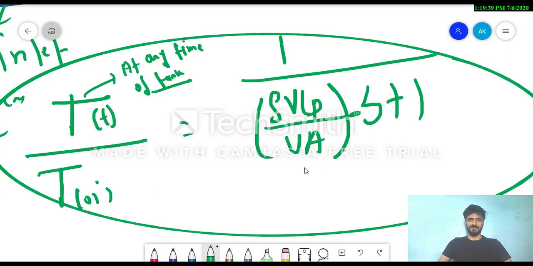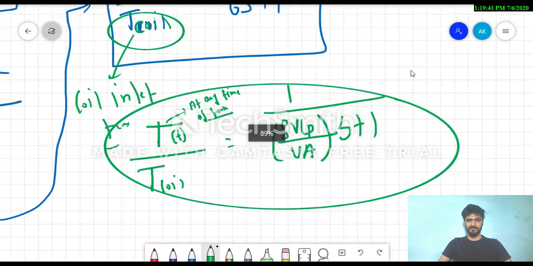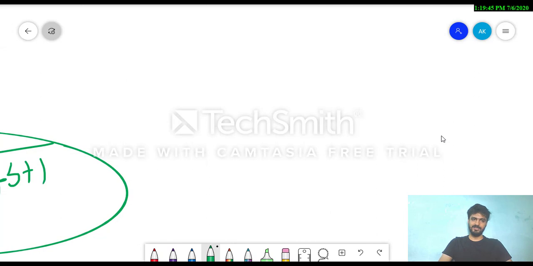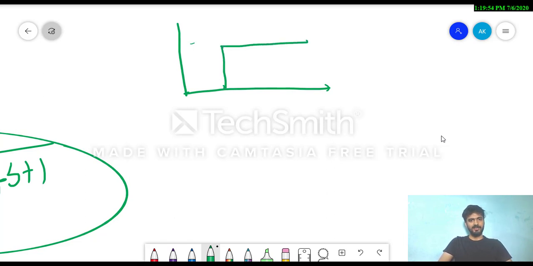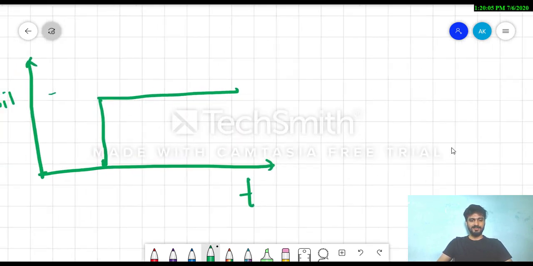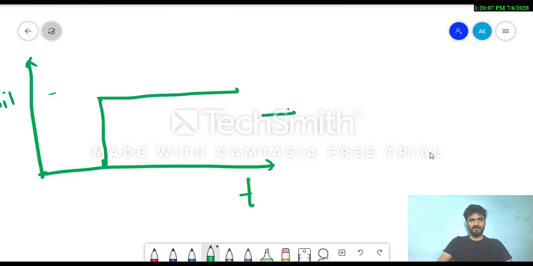Just understand one thing. Now understand how, because you are getting this type of transfer function from a first order differential equation, then this is a first order process. So understand one thing, if you are giving a step input here, if this is T of coil versus time, this is a step input, then what will happen, you will be getting the output of the tank.